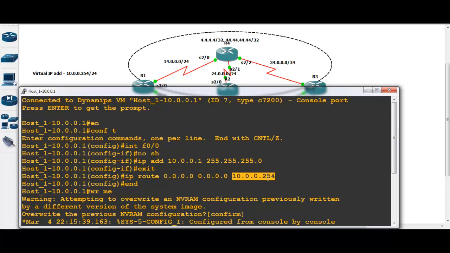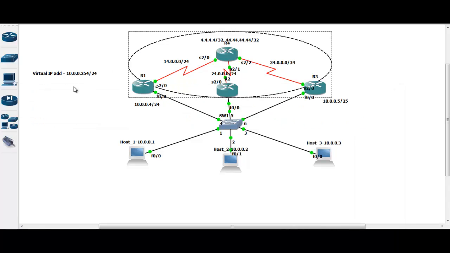It is not on any physical interface of any of the gateways. We also have another gateway, 10.0.0.6. These three routers are going to be in one group for all three protocols: HSRP, VRRP and GLBP.